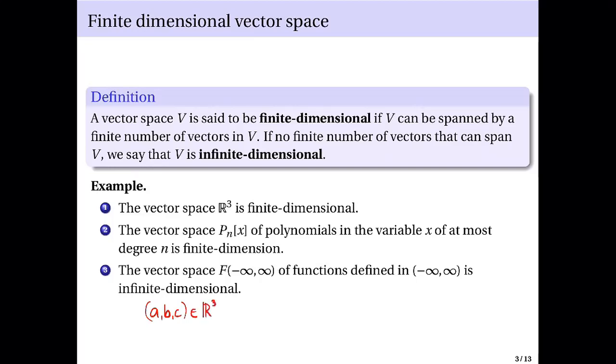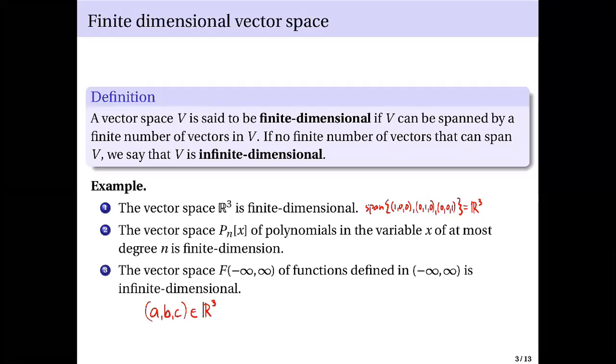And as I have said, the span of (1, 0, 0), (0, 1, 0), (0, 0, 1) is R3, meaning we should be able to write this vector (a, b, c) as a linear combination of these. And (a, b, c) is any vector in R3.